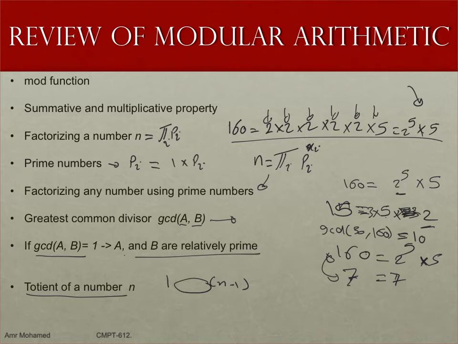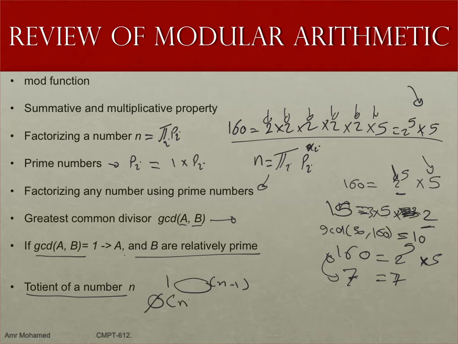Obviously the 2 is a divisor and the 5 is a divisor. All the other numbers are to be counted, and this is the totient of 160. And again, we will try to find a systematic way of calculating this. The totient is usually referred to as phi.